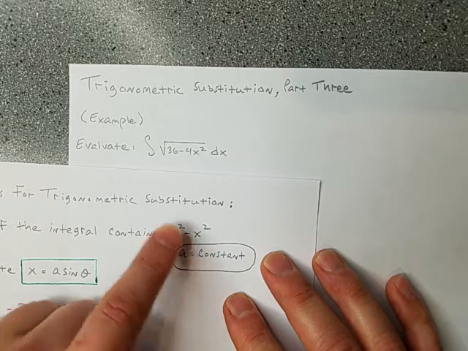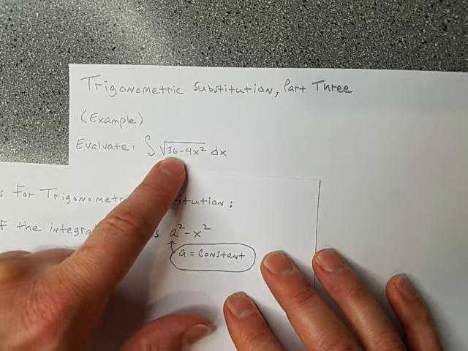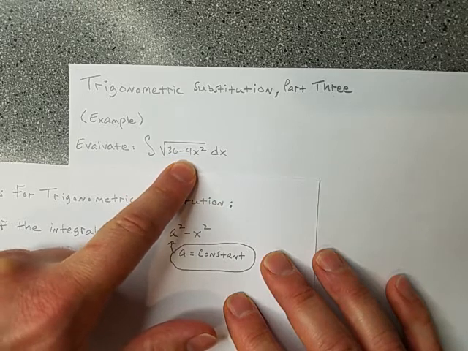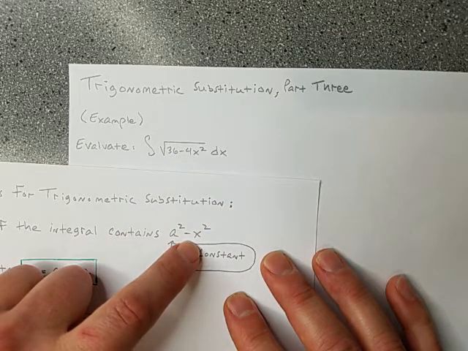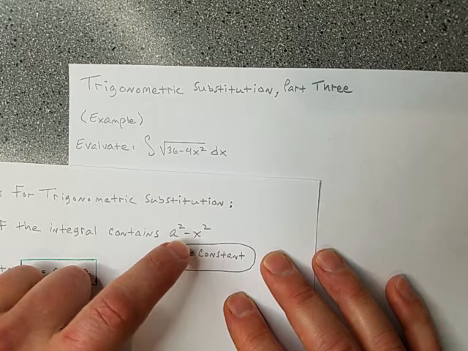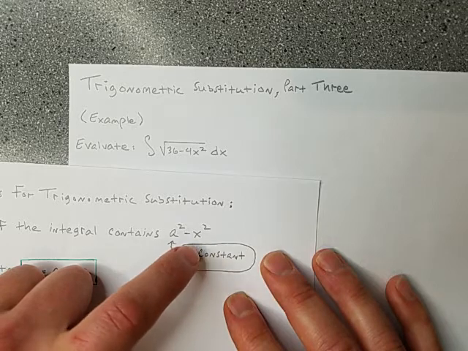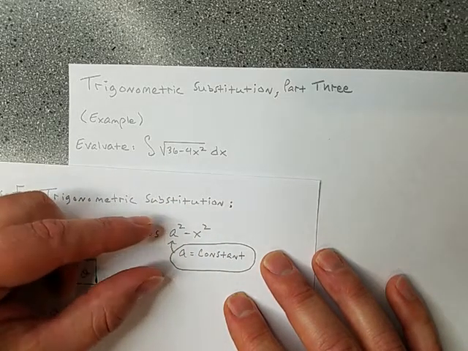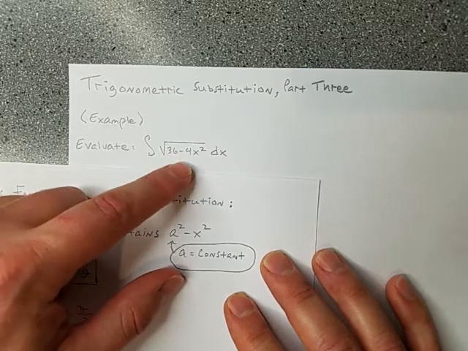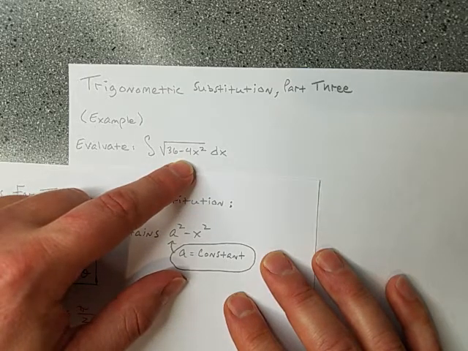It doesn't say a squared minus some other number times x squared. Notice I didn't leave room for a 4 right there. 36 minus 4x squared just does not fit this. We use this the way it is. We can't ignore the fact that that 4 is there.